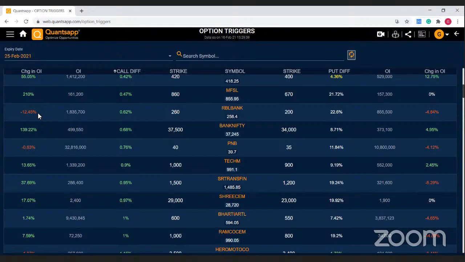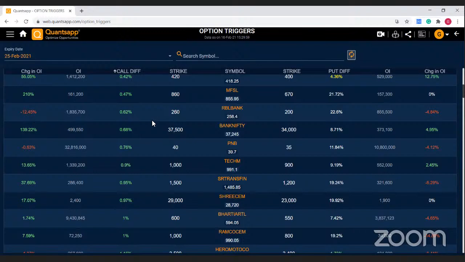unwinding their positions. So now RBL Bank is trading at 258, highest call is at 260, current OI is you can see, and how the OI has changed on a particular day, means today from morning to the EOD, how the OI has changed. So I can see OI has declined by almost 12.5%.